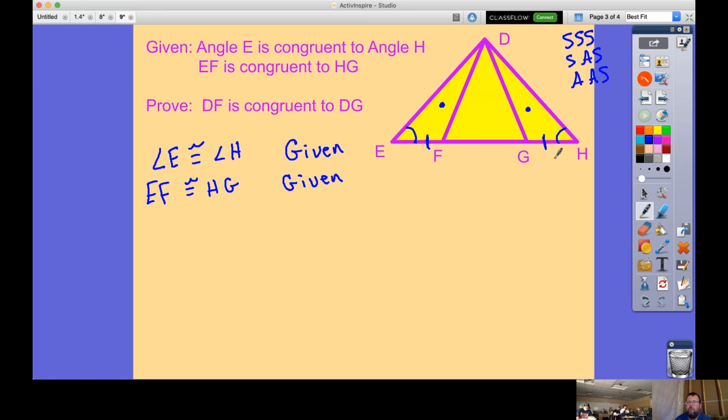All right, so right now, we're trying to prove that these two lines are going to be equivalent. So I would guess that SSS is going to be out. So our goal has to be then is to either find the outsides are the same, or we've got to find one of the other two angles here. Right? Oh, and there is a fourth one. I'm sorry, I forgot about it. We can also prove these by angle, side angle. So there is a fourth one there.